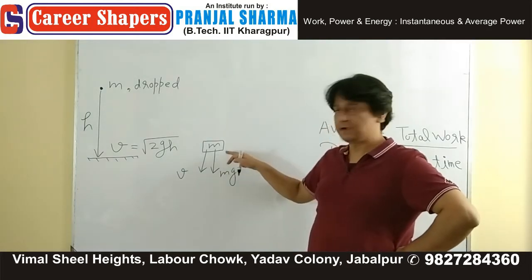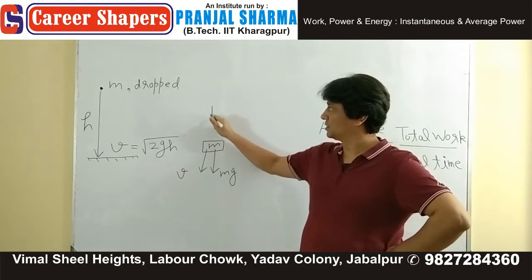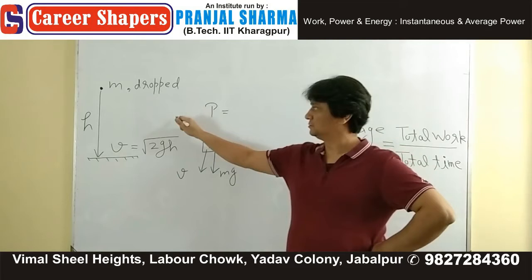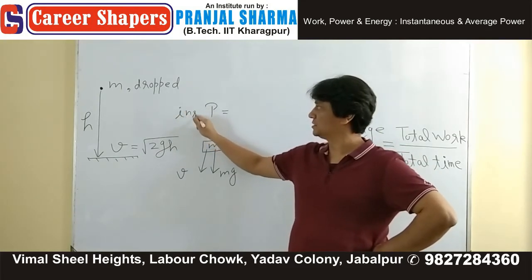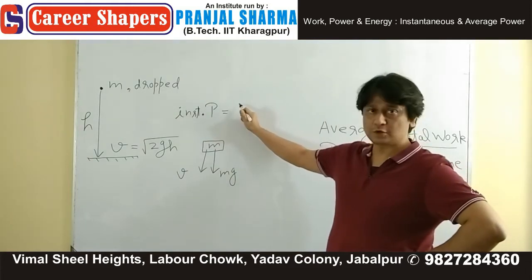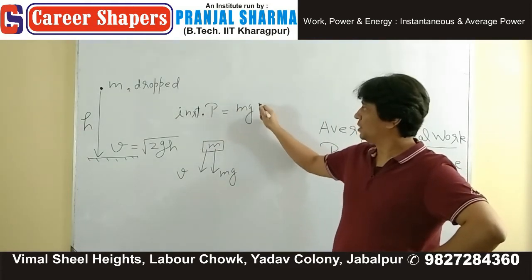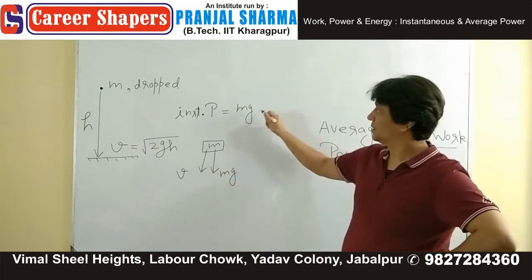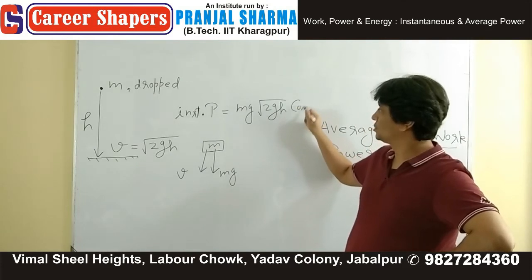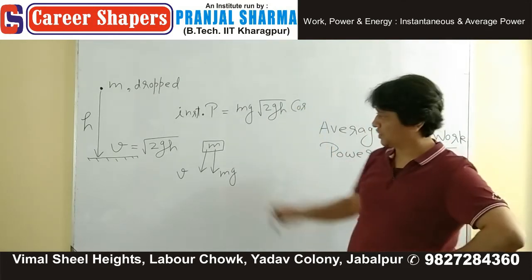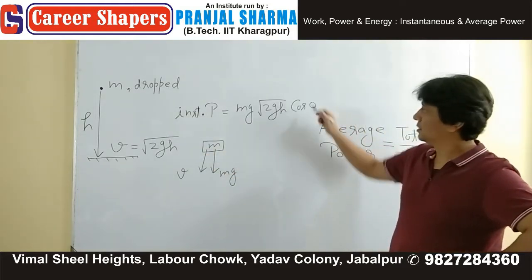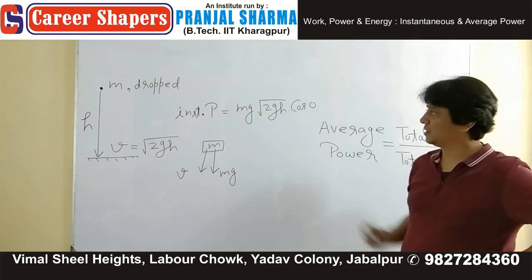So right at this instant, what is the power? Instantaneous power is force into velocity, root 2gh, into cos of angle between force and velocity. Force and v are both in the same direction. Answer. This is the first part.